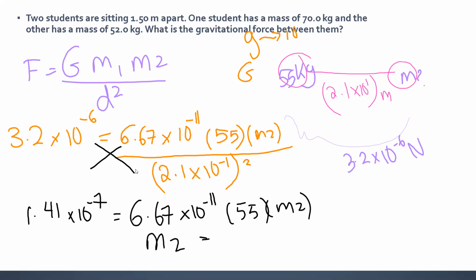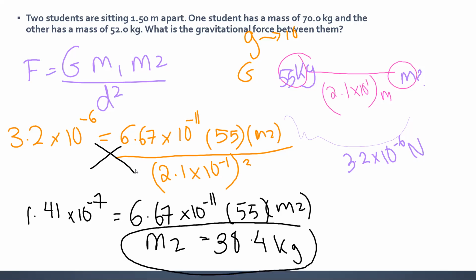So M2 will be 38.4 kilogram. So the mass of the second object is 38.4 kilogram.